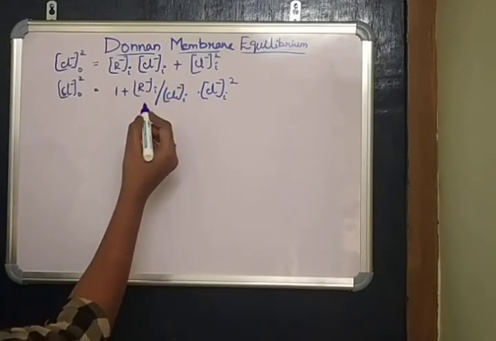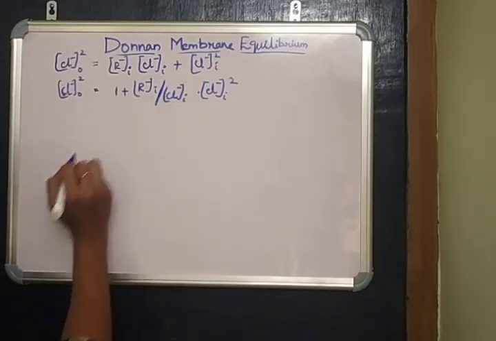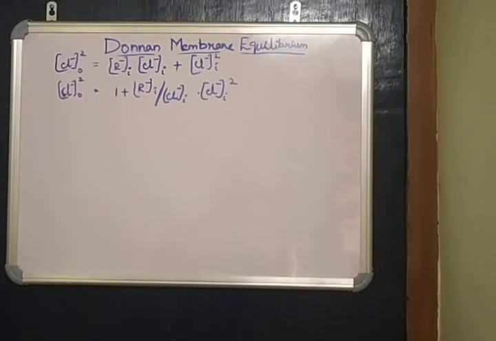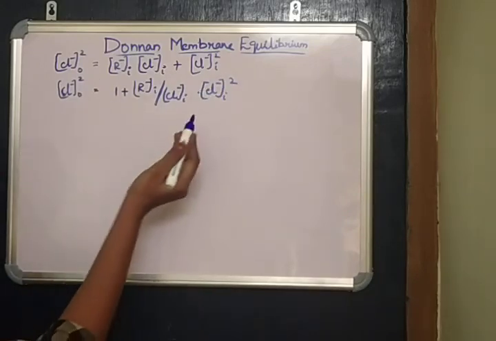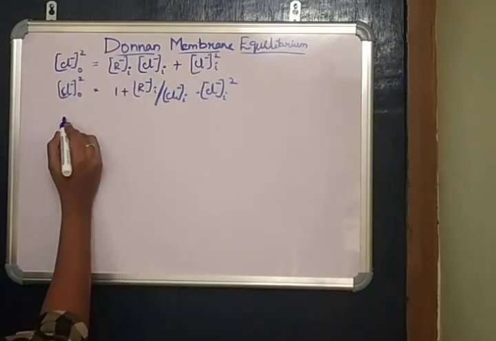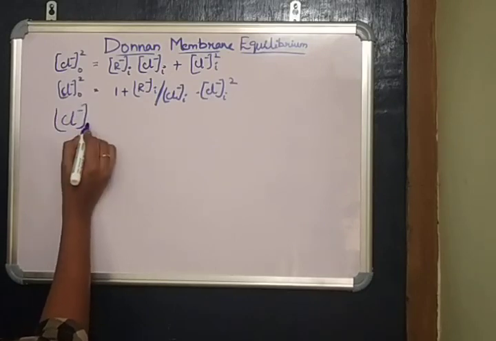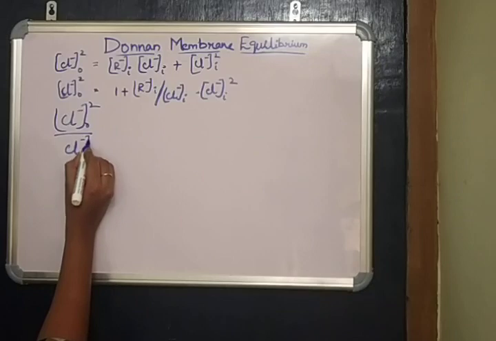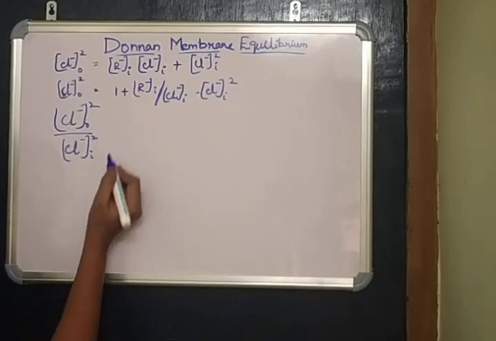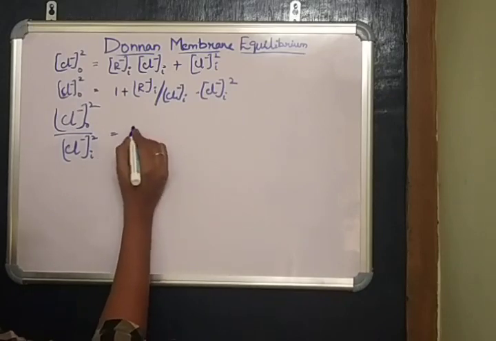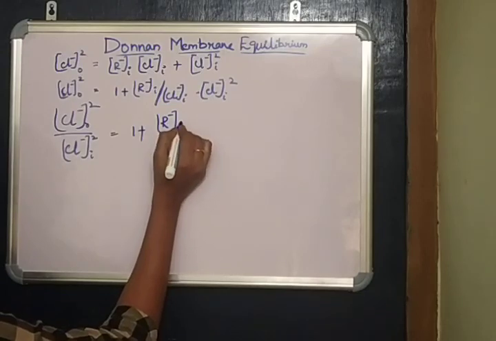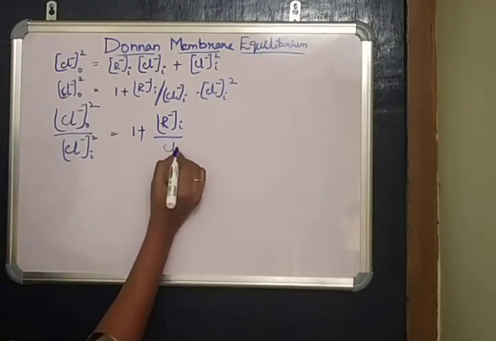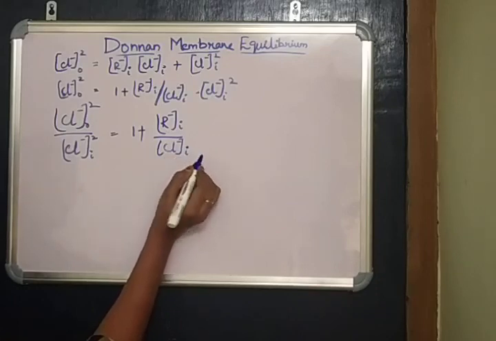Then the chloride ions inside square moves to the left-hand side. Chloride ions outside square divided by chloride ions inside square is equal to 1 plus R minus counter ion inside divided by the concentration of chloride ions inside.